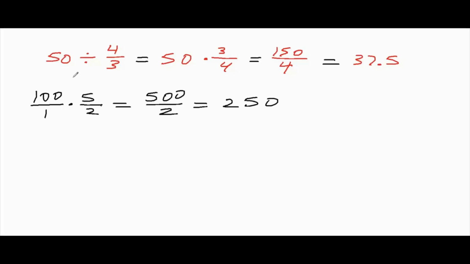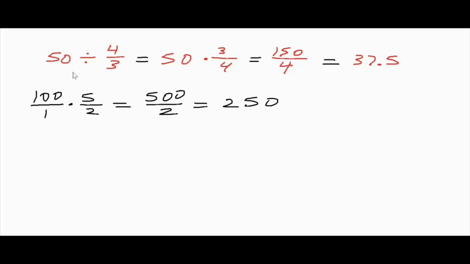And I want you to think about what multiplying by a fraction actually does, because really only the top multiplies, the bottom actually divides. Notice this 2 slid under the 500 in this case, and it cut it in half. So this multiplied and this divided.